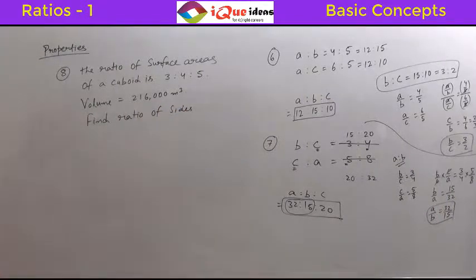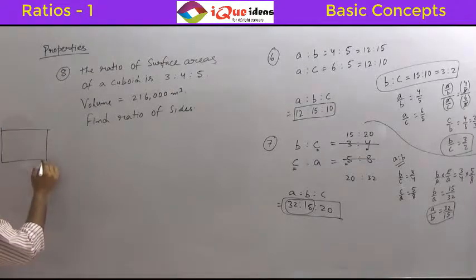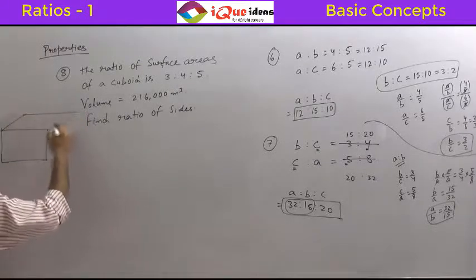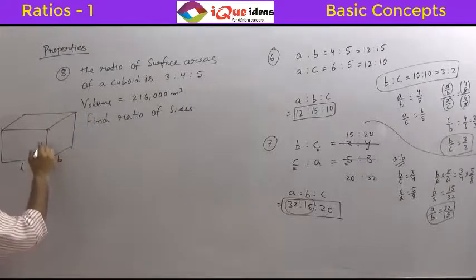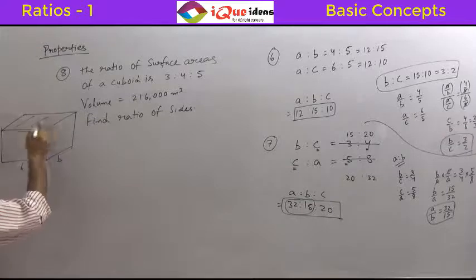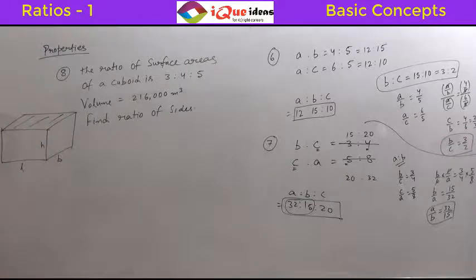Now, what is a cuboid? We all know that a cuboid is a 3D, 3-dimension figure like this. So we have L, B and H. When you say surface area, there are 6 surfaces. But when you calculate the surface area values, there will be 3 values.